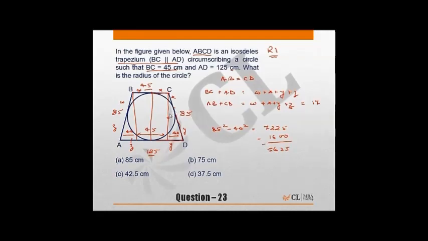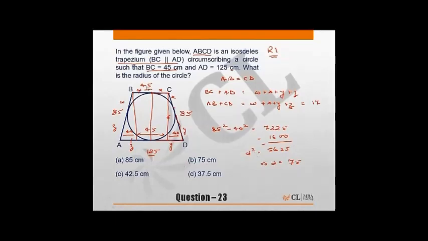Okay, that means this length will be equal to 75, square is 7 8 is 56. So this is the square of the diameter. I can say diameter square is equal to this thing. This implies diameter is equal to 75.